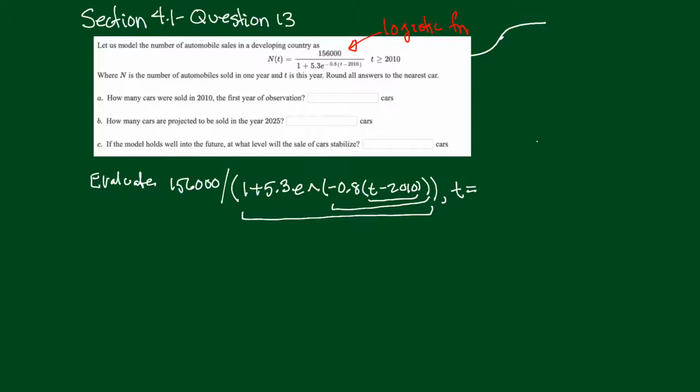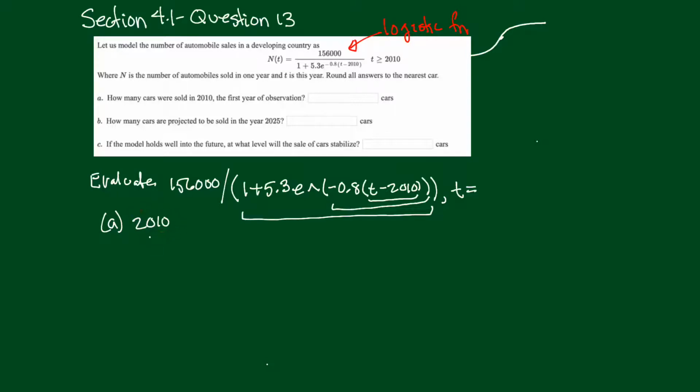So for the first problem, problem A, this year, now everything starts here in 2010, right? Everything starts in 2010. So this year would be 2010. So what we're going to do is choose over here now, right? We've got this into Wolfram Alpha, and in part A, I'm going to let t equal 2010.